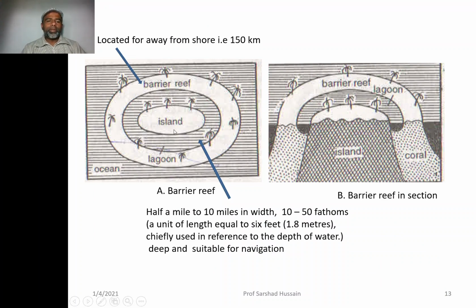Now, the major difference is that the lagoon is wider and deeper. It may be 10 miles in width and 10 to 15 fathoms deep. A fathom is a unit for measuring the depth of water, and it is navigable because its depth and width are large enough.